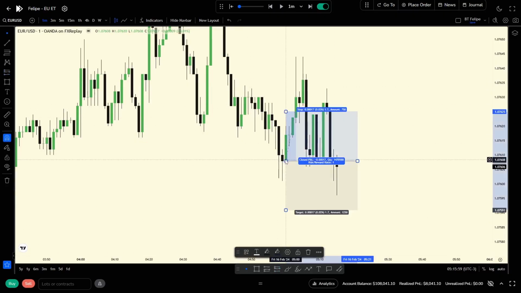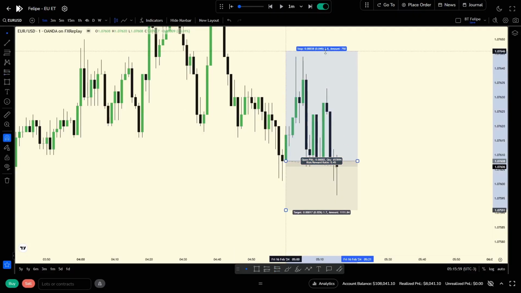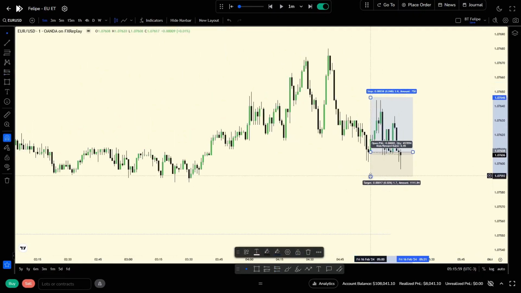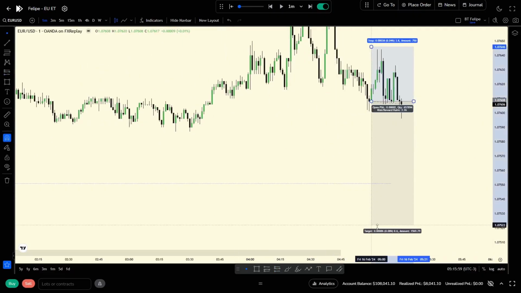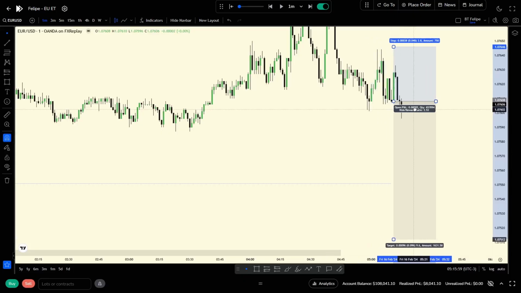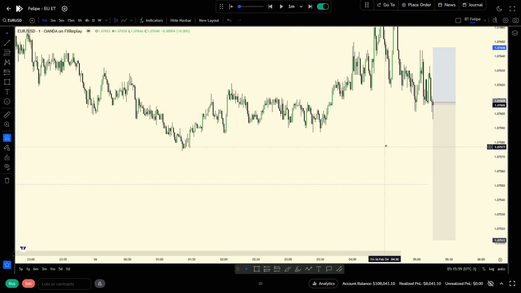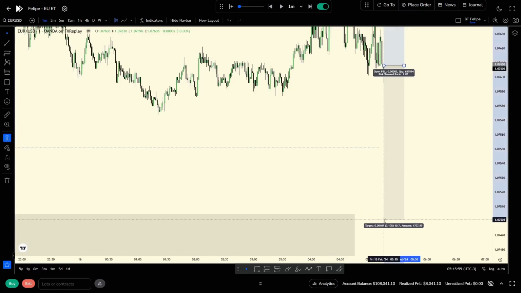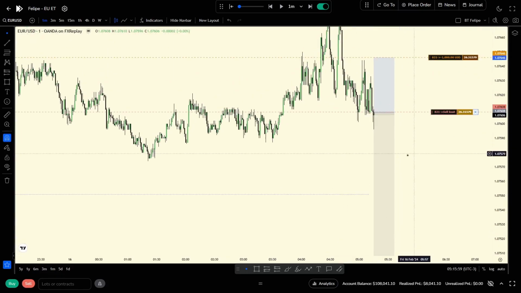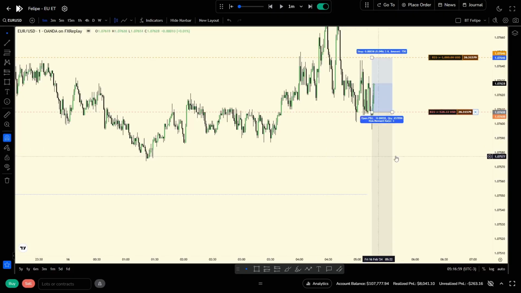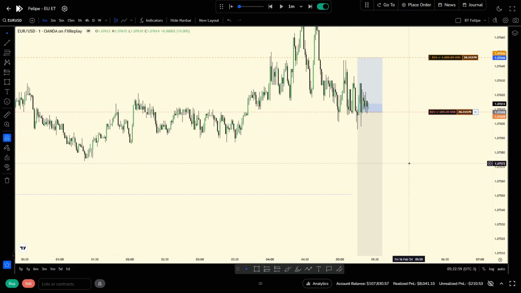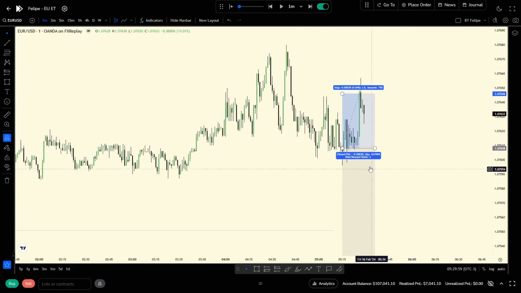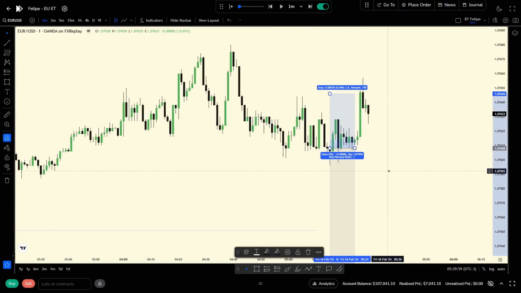Here there was, and this looks very bad. I would try, but putting break even. No, it ended up being stop loss.